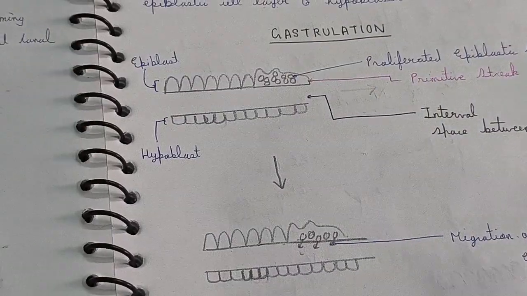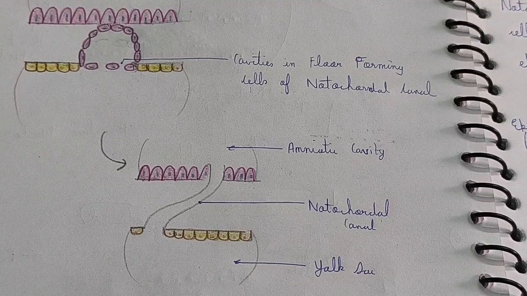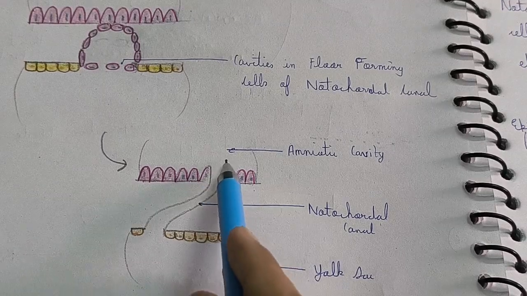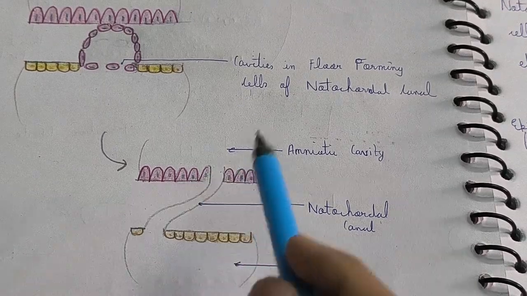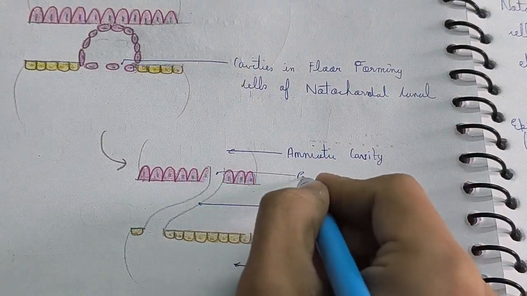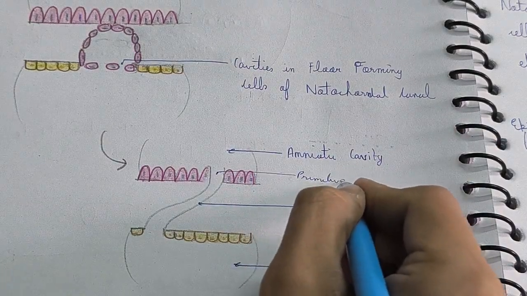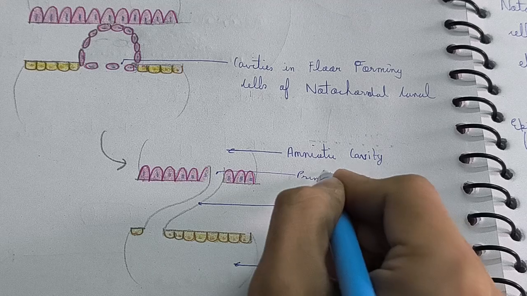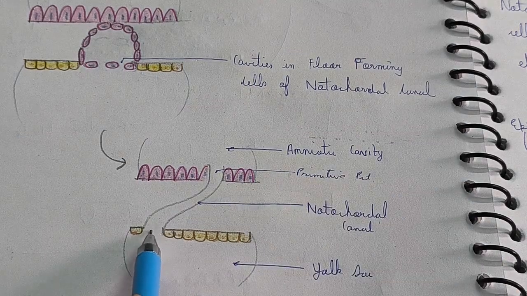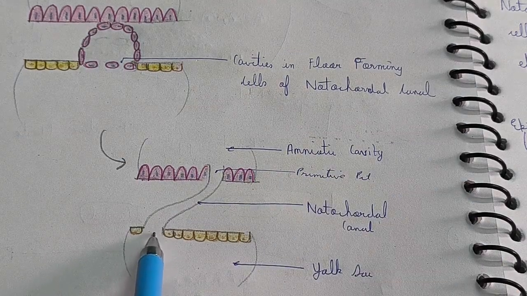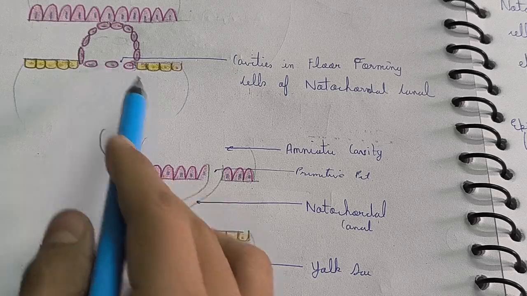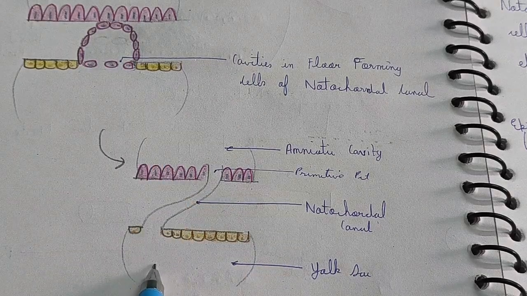So you can say that the notochordal canal is connected with the amniotic cavity through the primitive pit, and due to the cavities formed in the floor-forming cells it is also connected with the yolk sac.